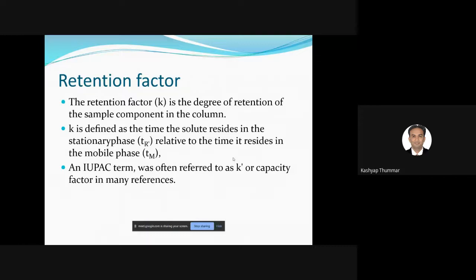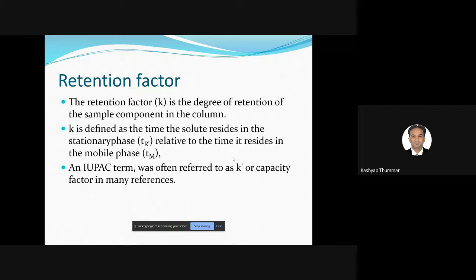You need to note this factor, because it is quite important and is also asked in some types of questions in the viva, in examinations or interviews: the retention factor k is the degree of retention of the sample component in the column.